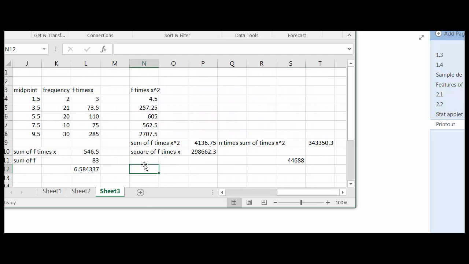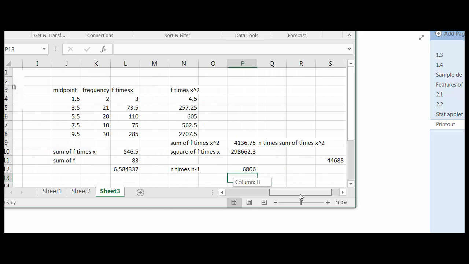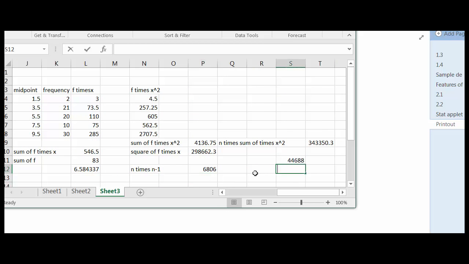So that's going to equal 83 times 82. All right, and then I want to divide and then take the square root. So let's take that number divided by the product we just found, and then take the square root of that.